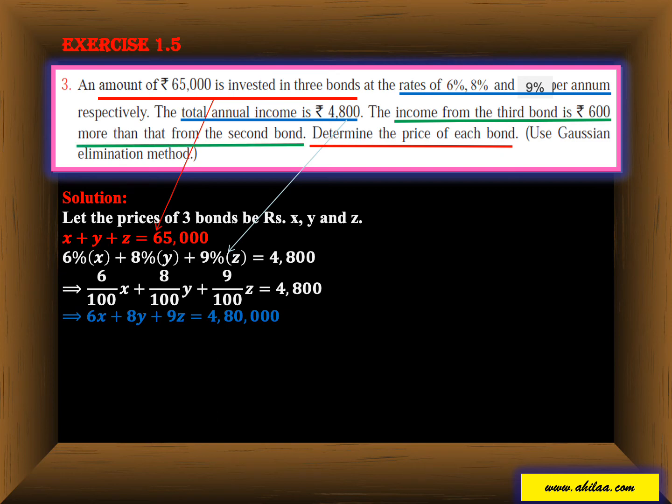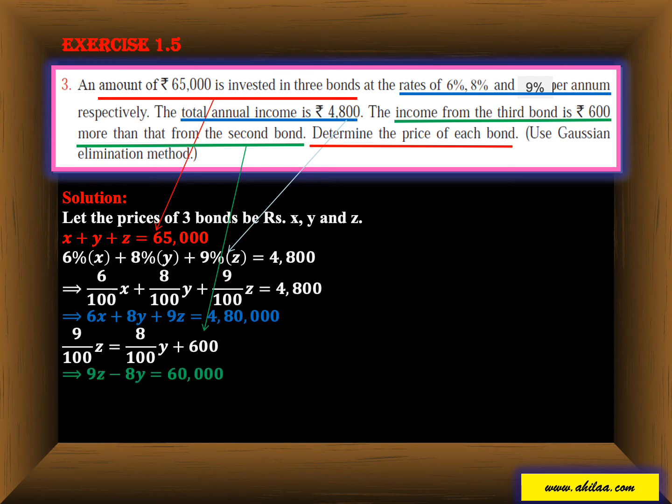Now the next hint given is the income from the third bond is rupees 600 more than that from the second bond. So how to convert this as equation? Income from the third bond. So it is 9 by 100 of Z. It is 600 more than that of the second bond. Okay. So I make the equation as 9 by 100 Z equal to 8 by 100 Y plus 600.